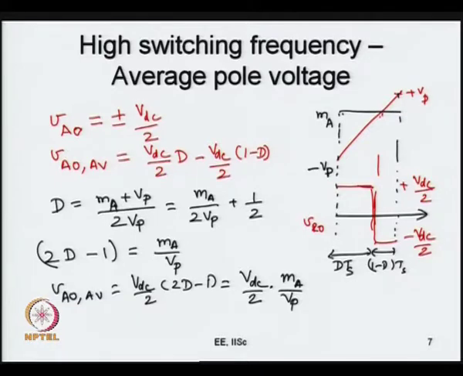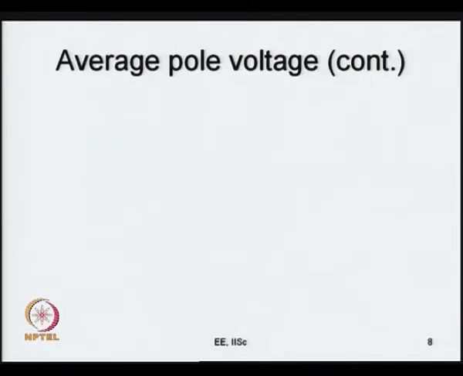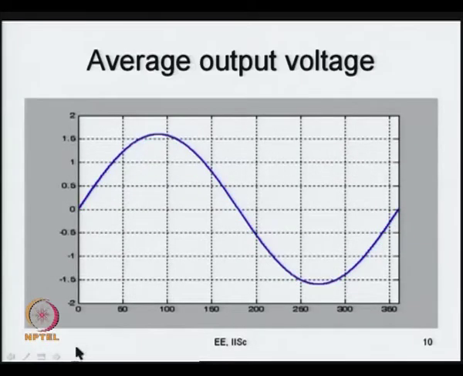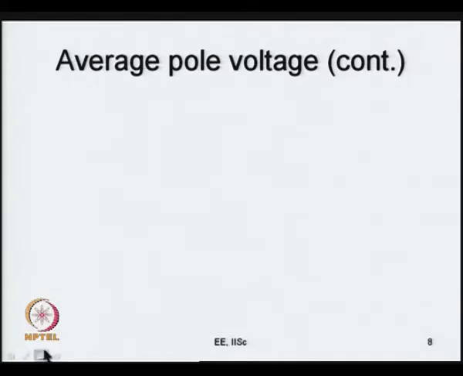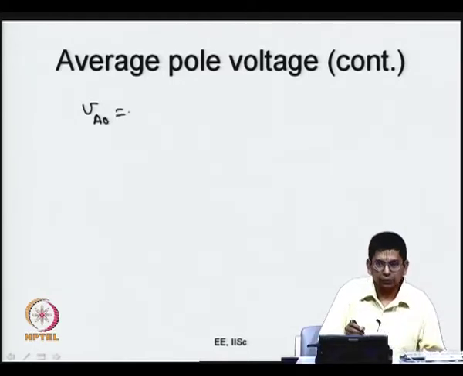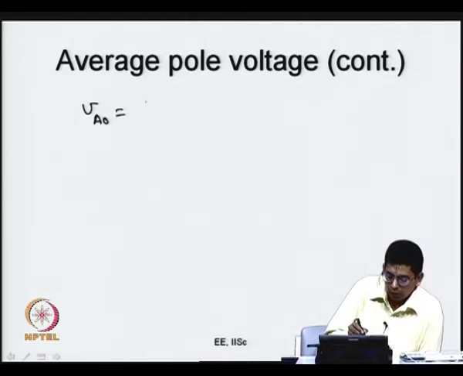Why do you do this now? If you have VA as average pole voltage, I may rewrite it here. So, I have VAO is what? MA by Vp times VDC by 2.